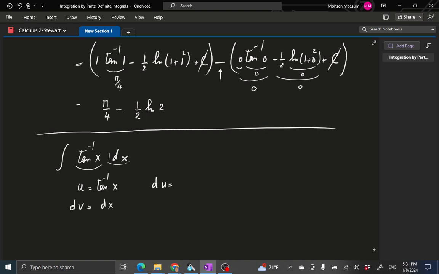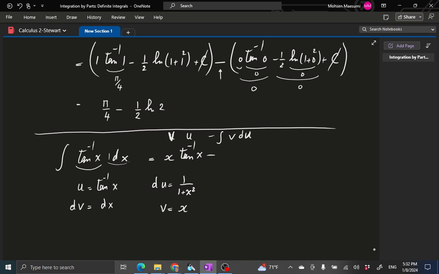Differential of u, that is same as derivative of u times dx, that is 1 over 1 plus x squared. And if dv is equal to dx, v is just equal to x. And again, we don't need to bother with that constant. It doesn't help anything. u times v is x tan inverse of x. Then v du, so the order I wrote here, v times u minus integral of v du.